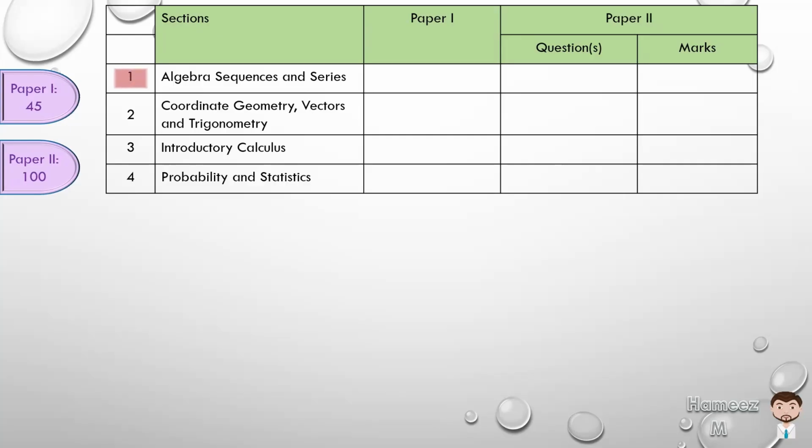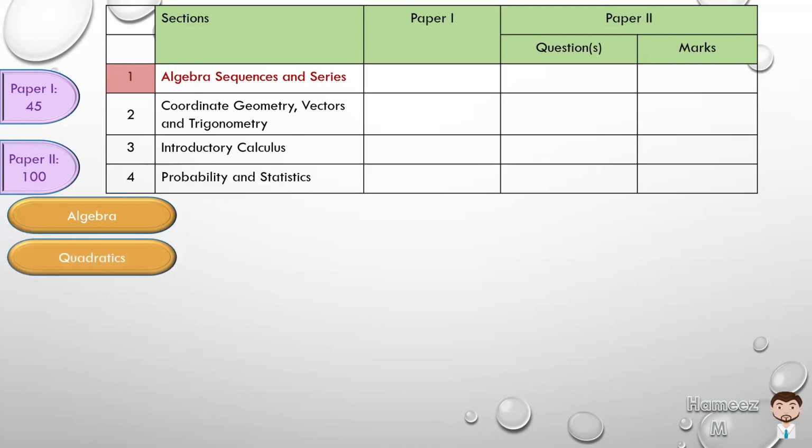So let's look at the first section, algebra, sequences, and series. If we look at the breakdown of this first section, the first topic is algebra, in which there are 2 questions coming in paper 1. Quadratics, there are 3 questions in paper 1, or 3 multiple choice questions.